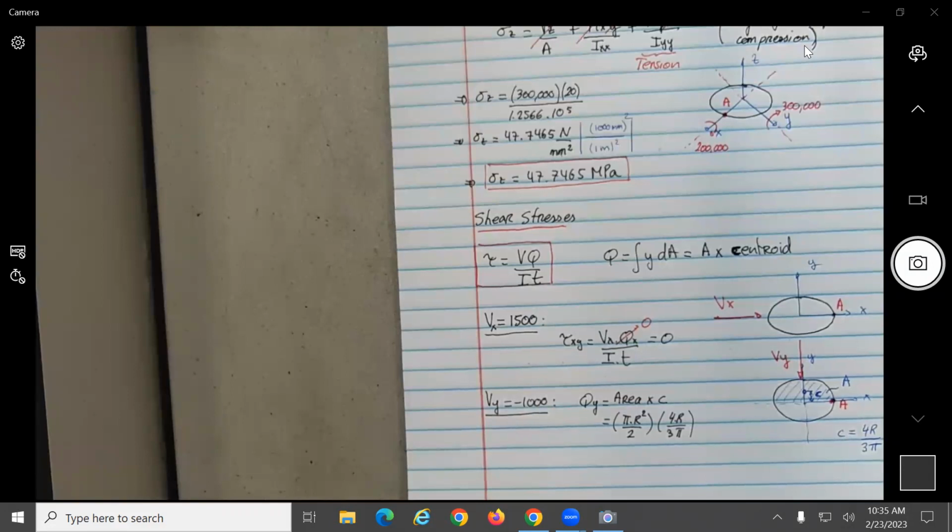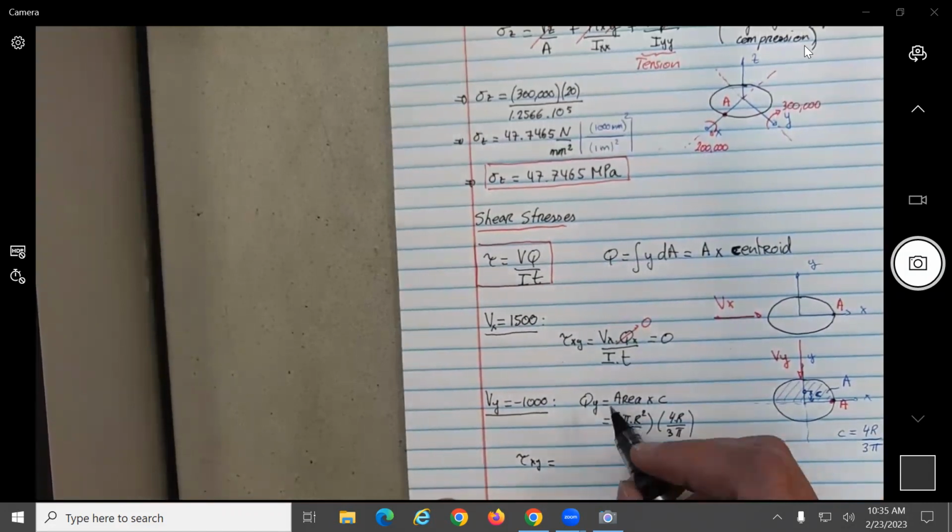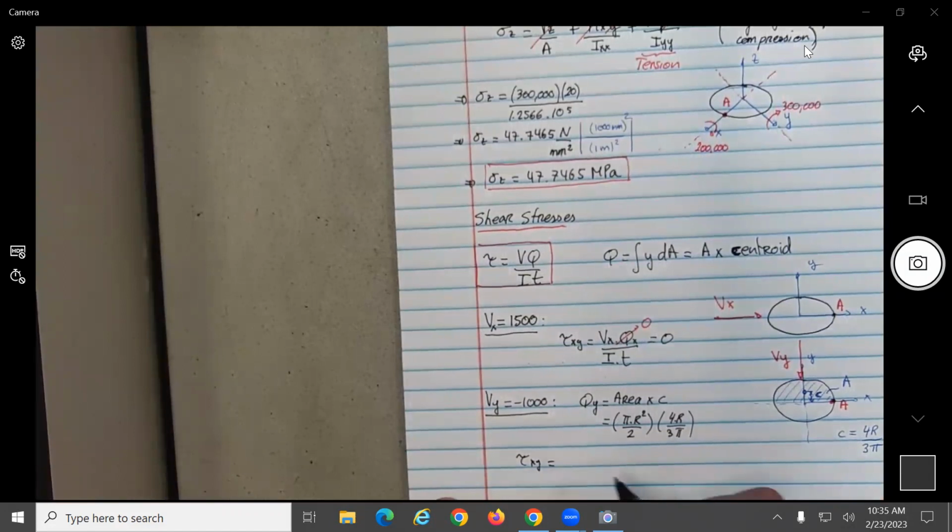Do you understand this? Okay, so now basically we just write here tau xy, it will be equal to what? So will be equal to V, now we do the Vy Qy over IT. Oh, we should have done maybe the T. So this should be equal to what? Vy is equal to 1,000.